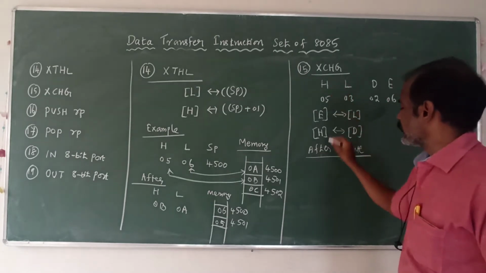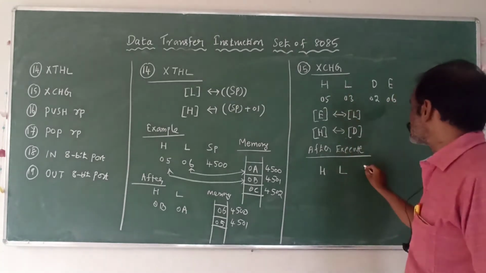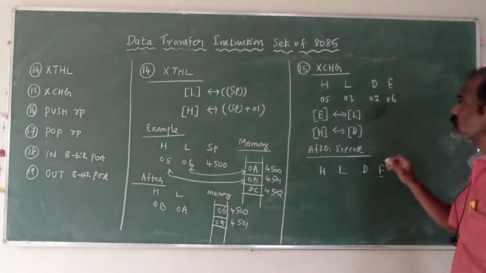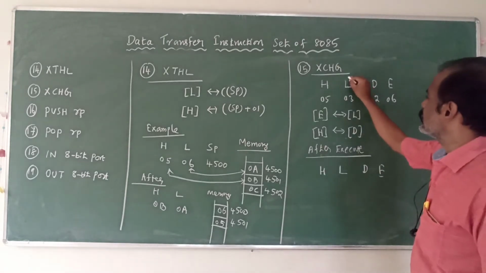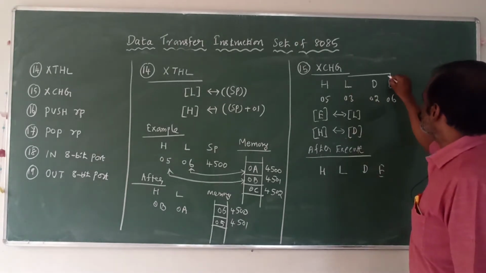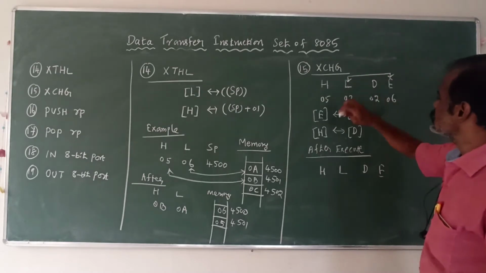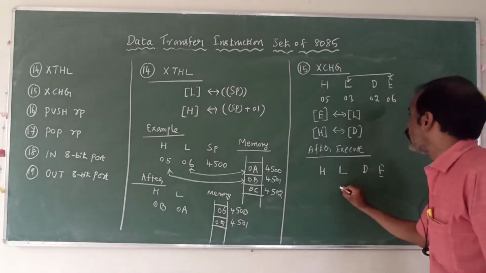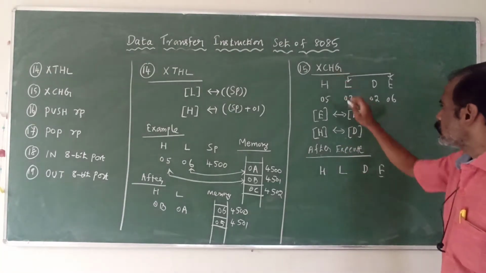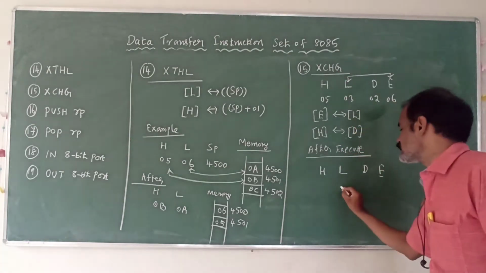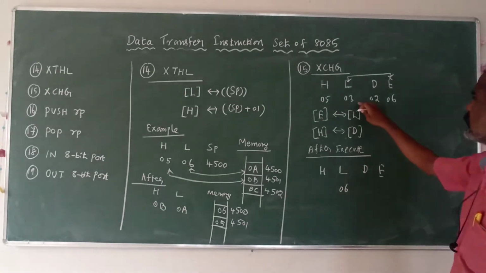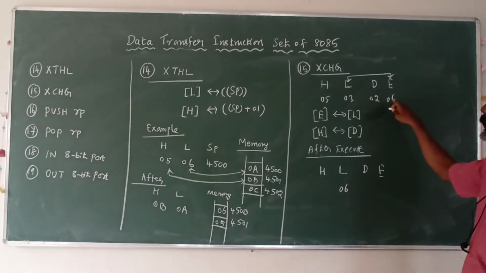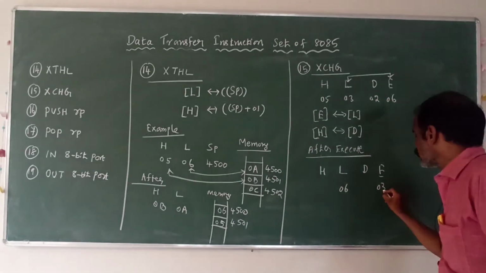now the H register, L register, D register, E register data will be exchanged. The L register data is moved to the E register, and the E register data is moved to the L register. Here after executing this, L register is 06 and E register is 03.